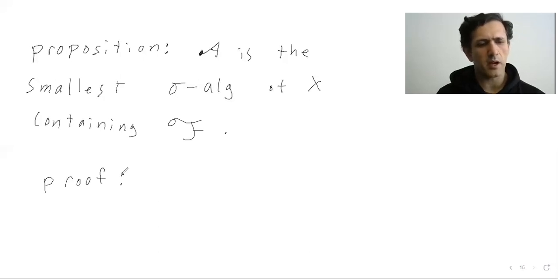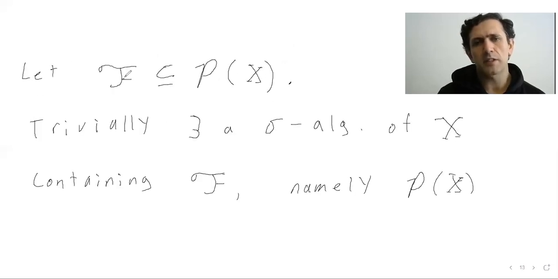Okay, and what is the proof? And maybe if I'm not clear, when I say script F is all open subsets of the real line, or all closed intervals of the real line, I implicitly mean that big X is the real line.